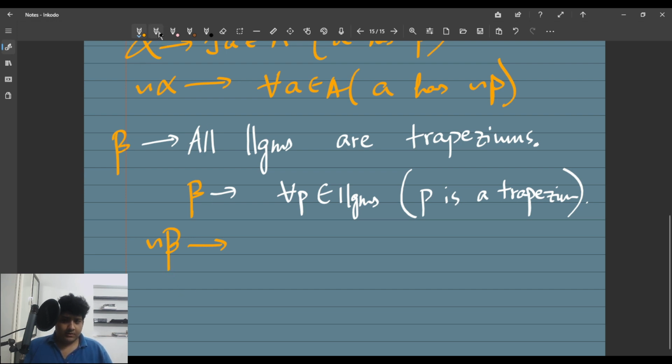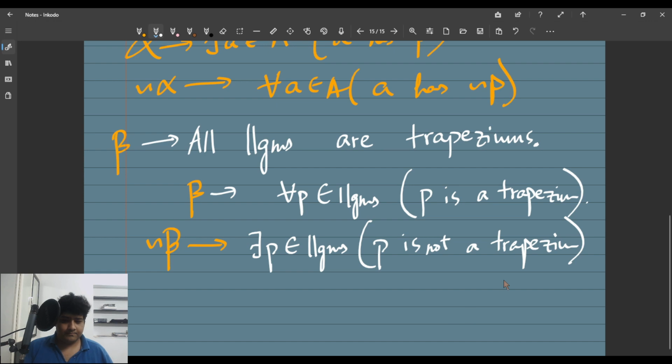It is not the case that all parallelograms are trapeziums, which means there exists at least one parallelogram which is not a trapezium. So there exists a parallelogram p belonging to the set of parallelograms, such that p is not having that property. P is not a trapezium.